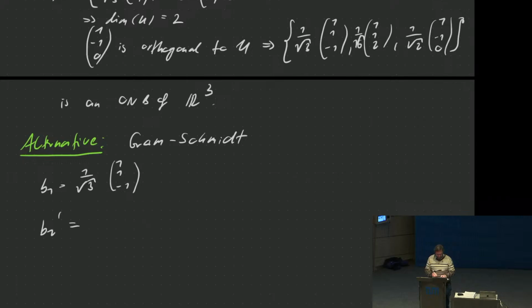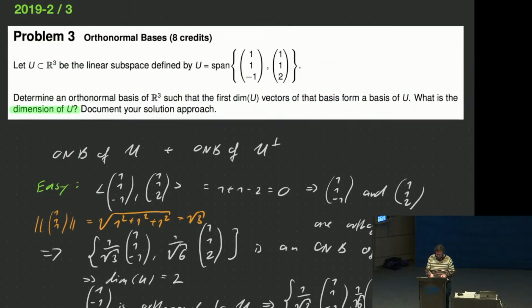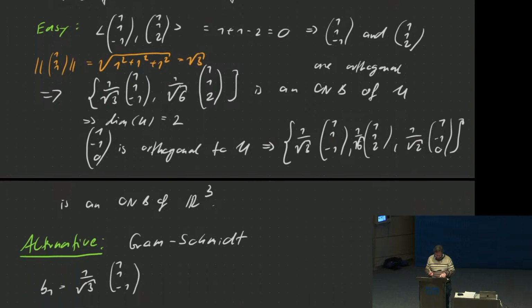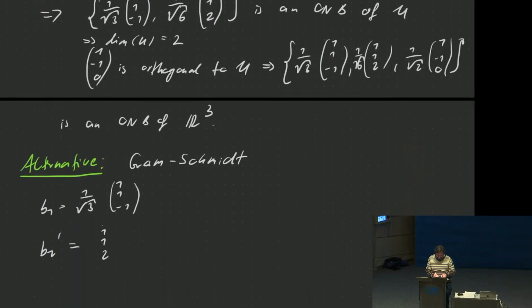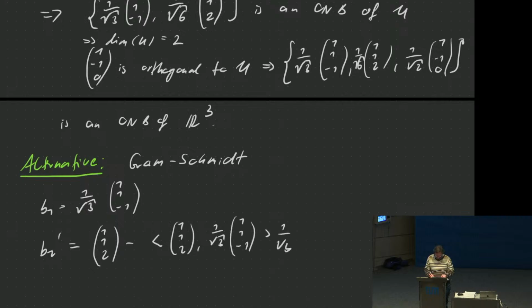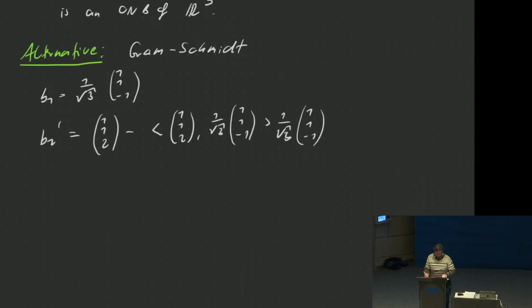So what you would do then is you take that second vector, 1, 1, 2, and you subtract its projection onto the first vector. The projection onto the first vector, you get that by computing the scalar product with that first vector times the first vector. And remember to use the normalized vector for this projection, otherwise the values might not be correct.